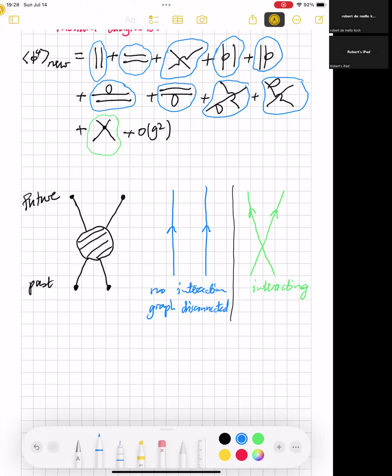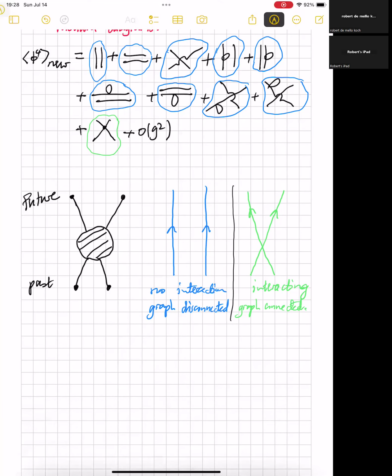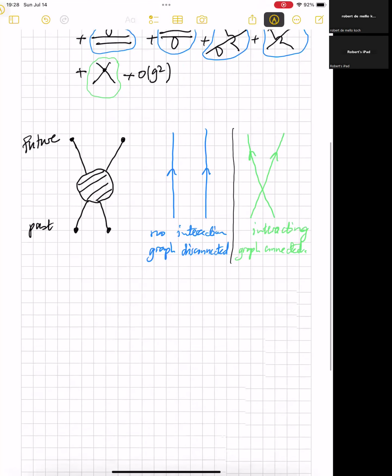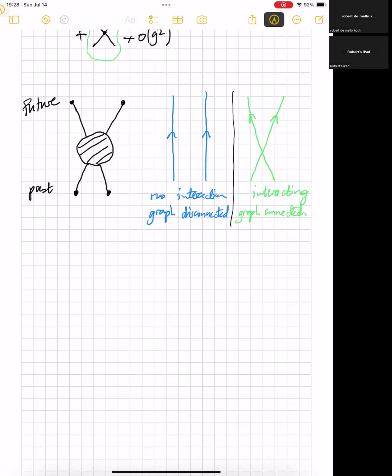So there would be no way for these two particles to exchange momentum, and so they couldn't exert forces on each other. If they're interacting, then the graph is connected. So the difference between interacting or not interacting is also summarized by a property of the graph: whether the graph is disconnected or connected.